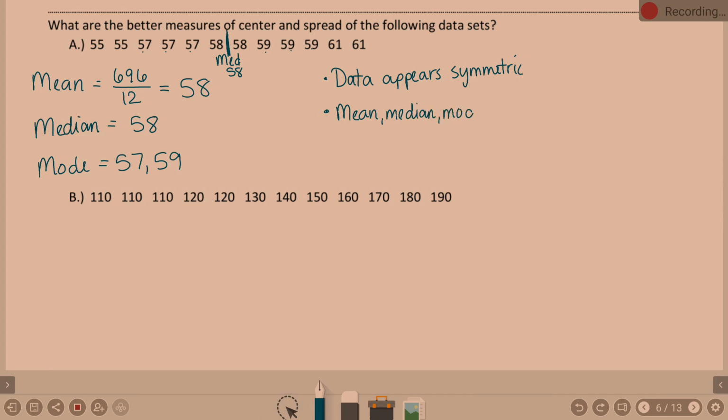So mean, median, and mode, all similar. In this case, what am I going to say? Okay, because we're looking at a symmetric distribution, then we are going to use the mean and the standard deviation.